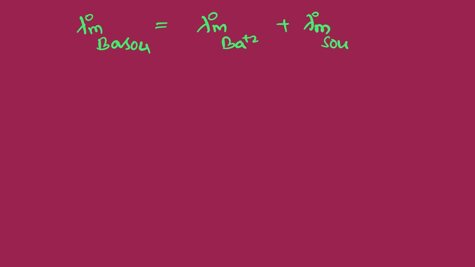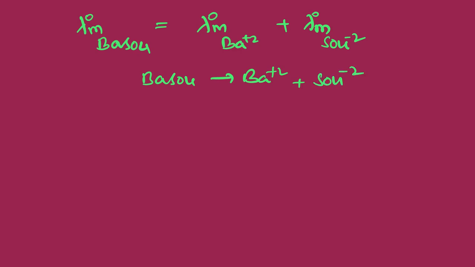Now, the example is lambda naught M barium sulfate. Now, consider this as a weak electrolyte. Then how can we write lambda naught M barium plus 2 plus lambda naught M SO4 minus 2, because barium sulfate ionizes into barium plus 2 ion plus SO4 minus 2 ion.